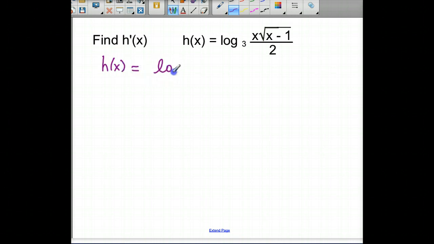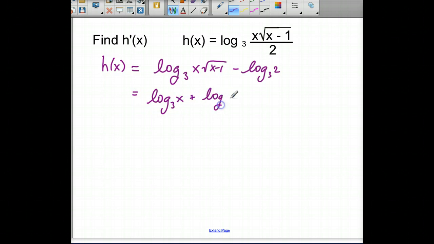So we have log base 3 of x times the square root of x minus 1 minus log base 3 of 2. Now all the x's are gone here, so this is just a constant. We can break it up again. We have log base 3 of x plus log base 3 of the square root of x minus 1. And then we still have minus log base 3 of 2.